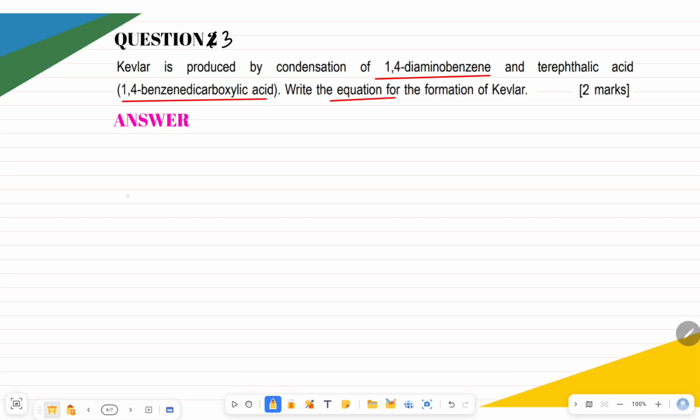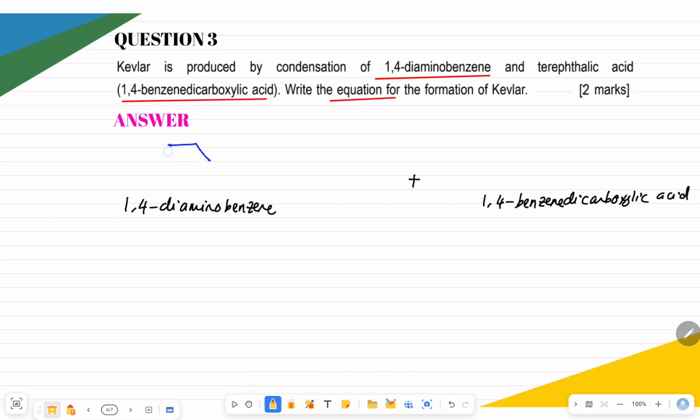So the first structure is 1,4-diaminobenzene. And then you react with 1,4-benzene dicarboxylic acid. Okay, let's draw the structure first.